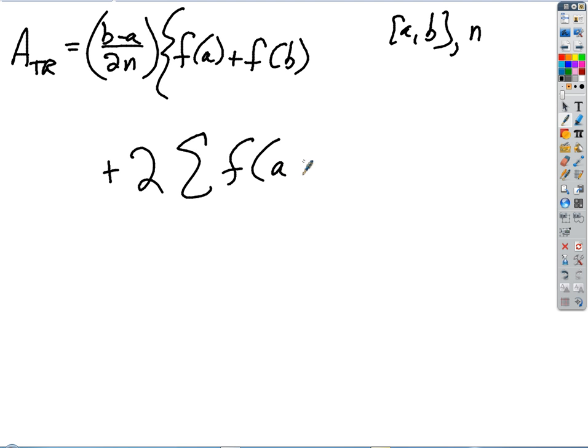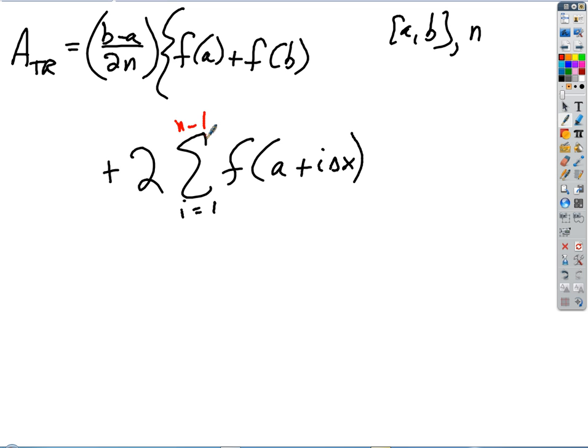That's always just going to be A plus i delta x, just like it was before. f of A plus i delta x as i goes from 1 to n minus 1. And that's our trapezoidal rule approximation, right?